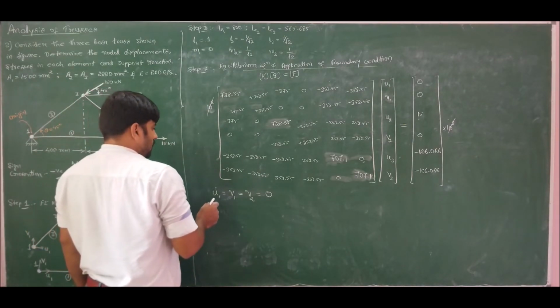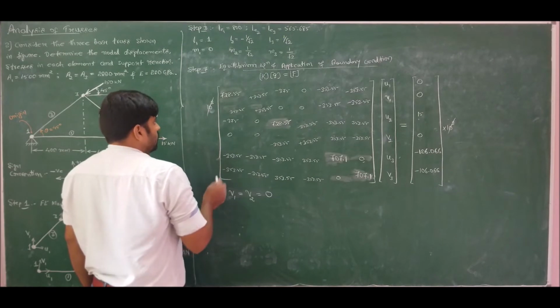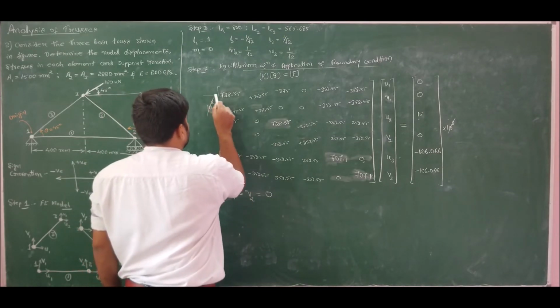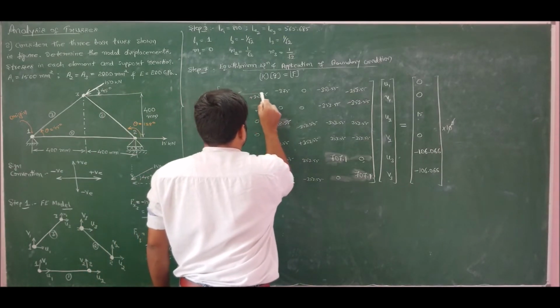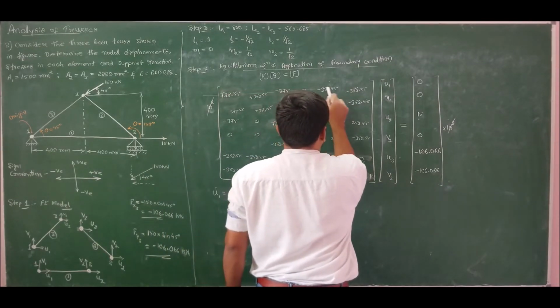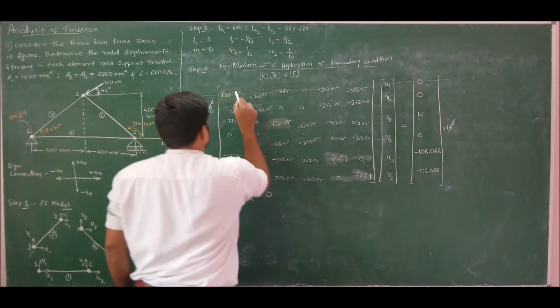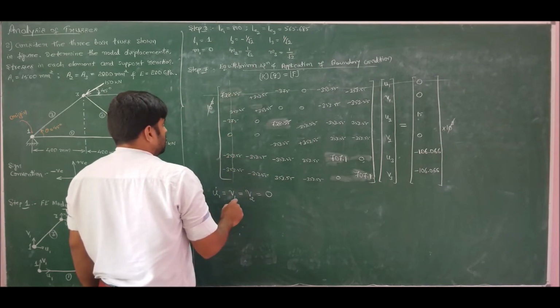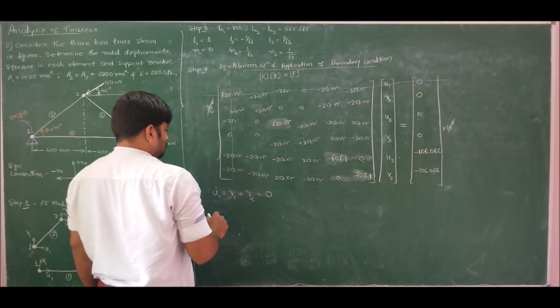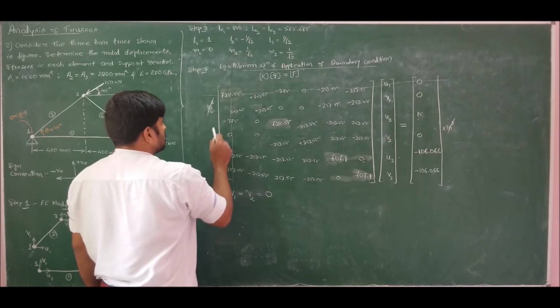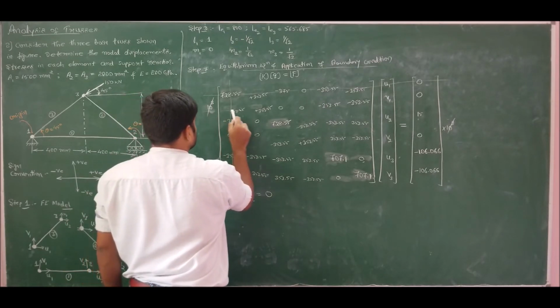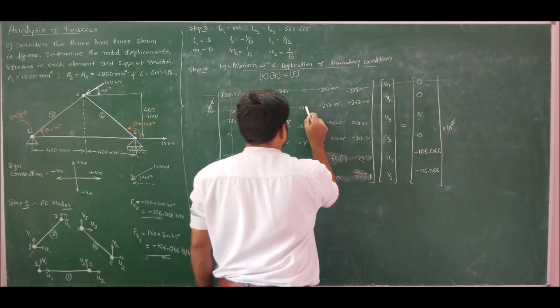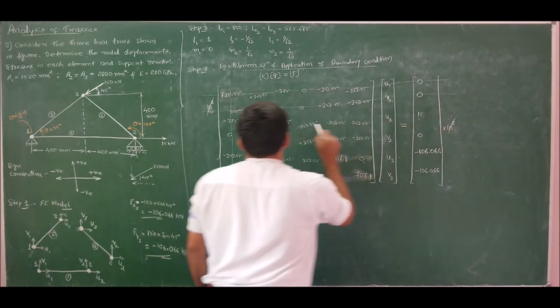So hence I should cancel off first row and first column. V1 is also equal to 0, so therefore I should cancel off second row and second column.